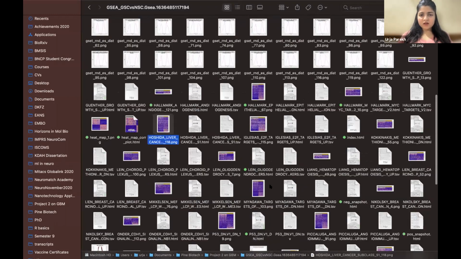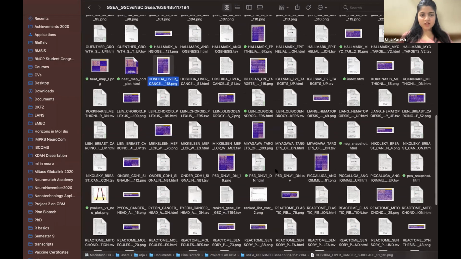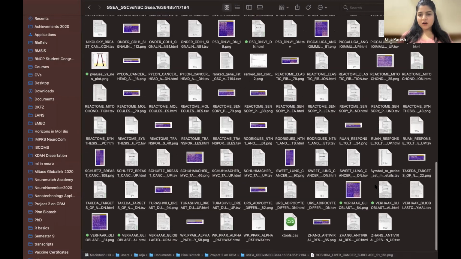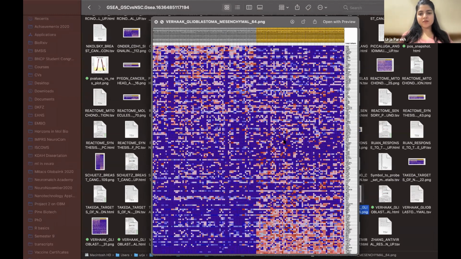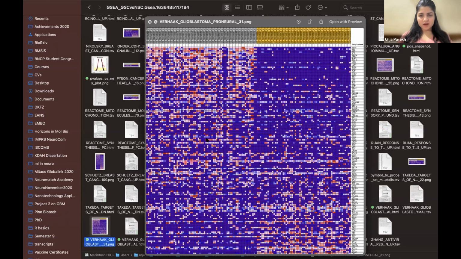The other interesting finding I got from my GSEA analysis is that there are different subtypes of glioblastoma. There is a mesenchymal subtype and a proneural subtype. So I have got different plots and heat maps for the mesenchymal glioblastoma subtype, as well as the proneural subtype.